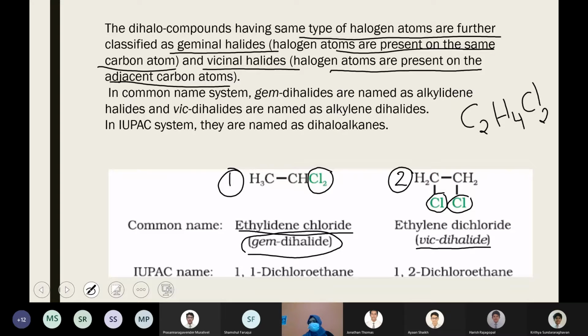So in the common naming system, geminal dihalides are alkylidene halides and vicinal dihalides are alkylene dihalides. So alkylidene means, for a two-carbon compound, ethylidene, and ethylene dichloride. If it was a propane, then it will be propylidene chloride and propylene dichloride.